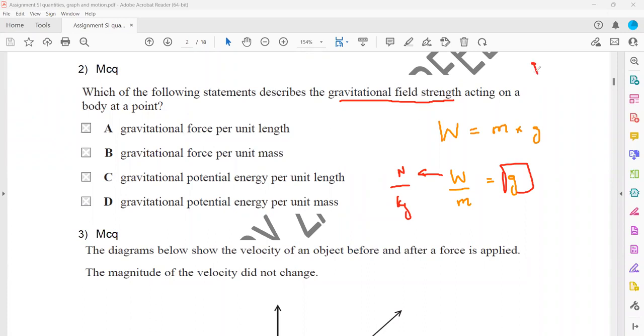So the value of the gravity of Earth is say 9.81 Newton per kilogram. So this means this much force is experienced by each kilogram or unit mass. So that's why the value of the gravity, or acceleration due to gravity, is the gravitational force per unit mass. So B should be the right answer.